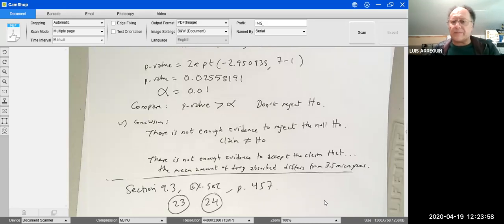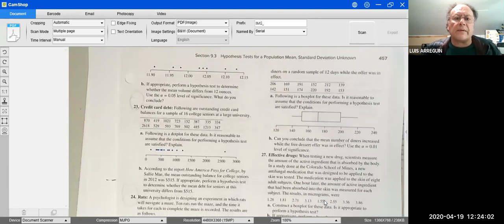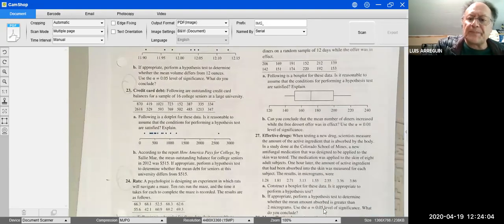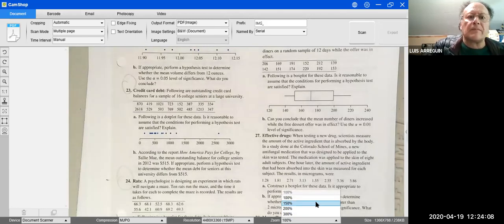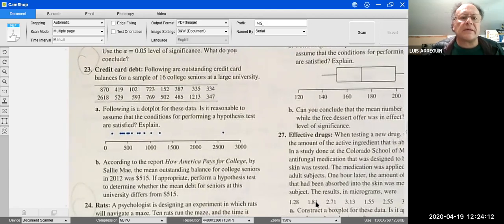So let me project the problems for you to work on them. So problem 23 is here. So just copy your data set. So you're going to need to show that there is a normality. The condition of a normality is satisfied by using a histogram or QQ plot.